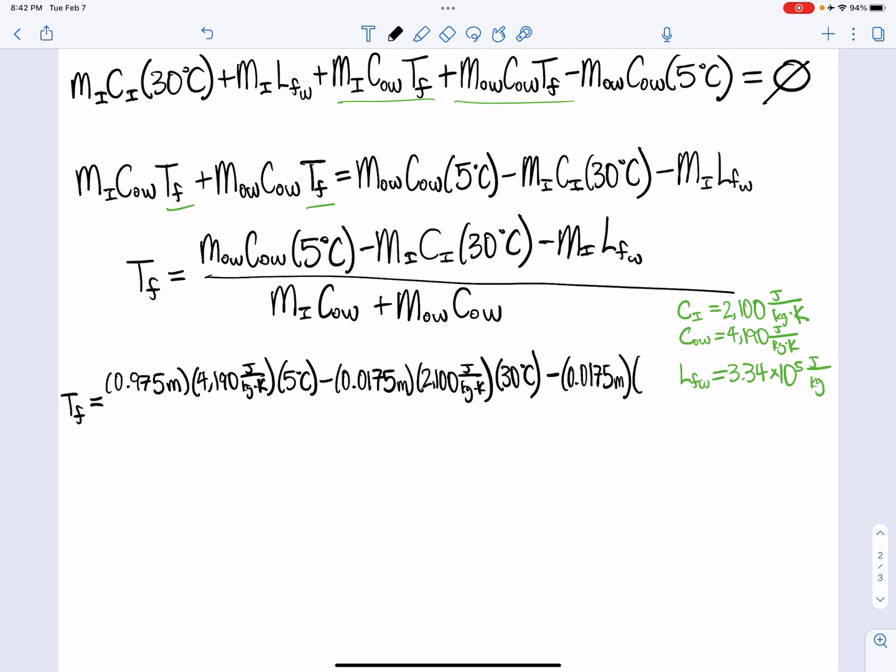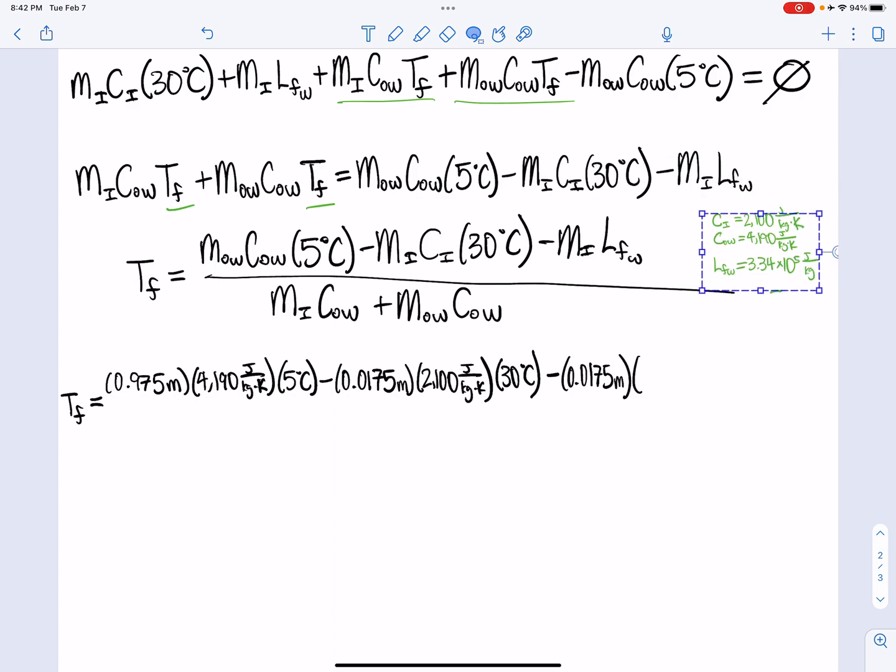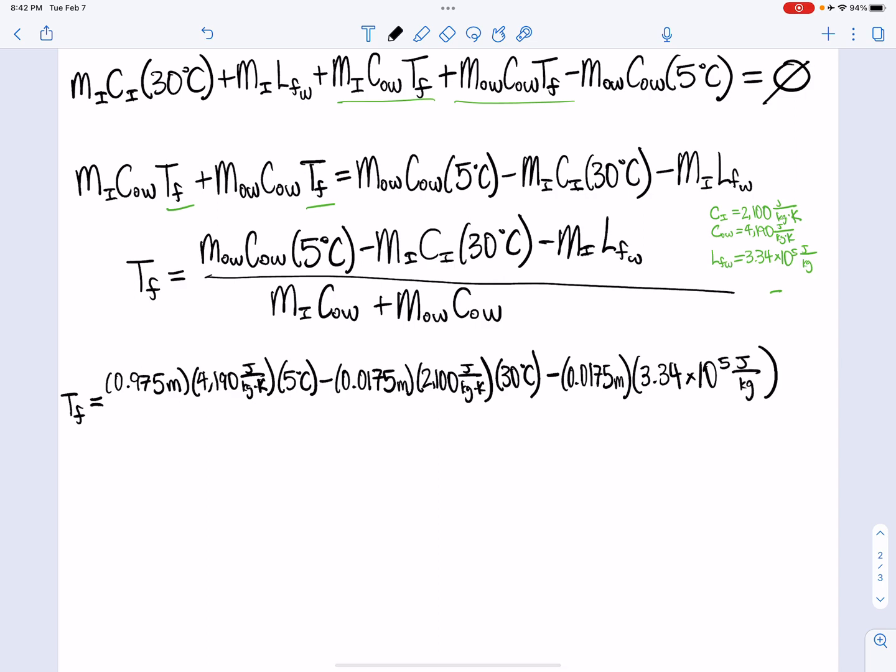times, I'm going to move these out of the way, make them smaller, times 3.34 times 10 to the 5th joules per kilogram.